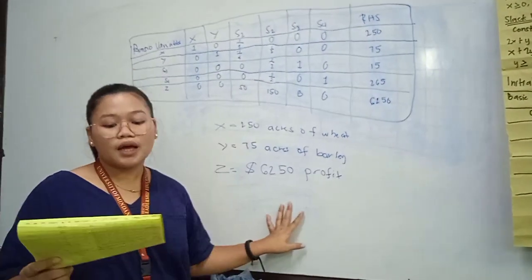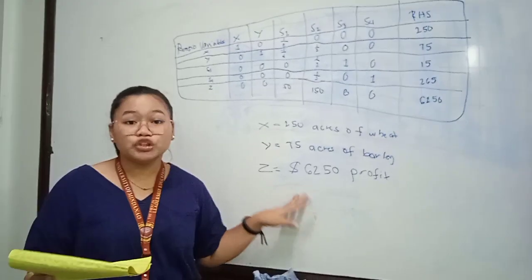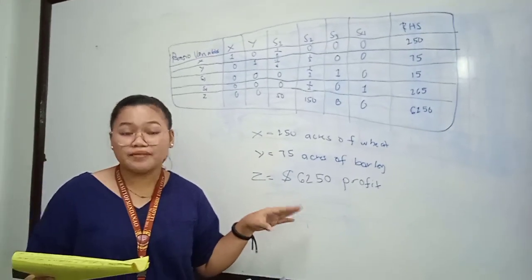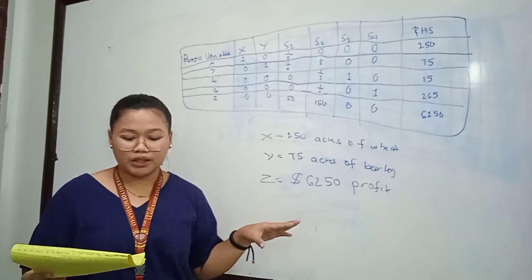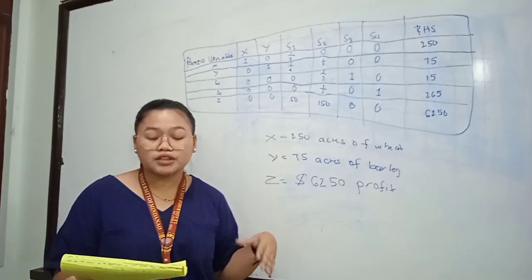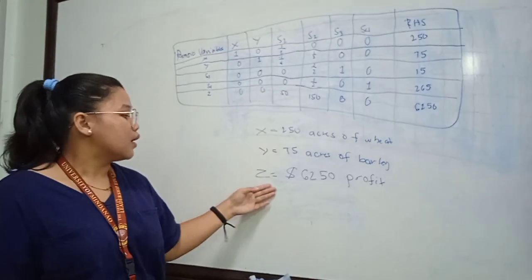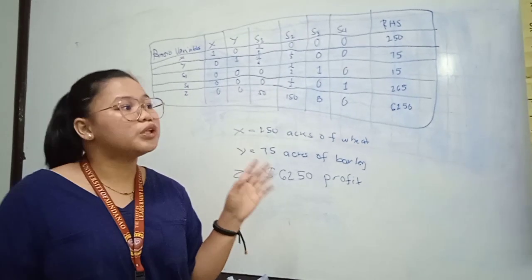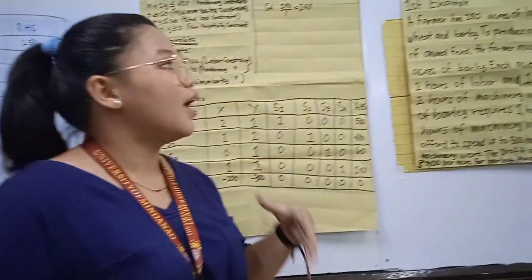This means the farmer should plant 250 acres of wheat and 75 acres of barley to maximize profit, resulting in a total profit of $6,250. Next, we move on to my second example.